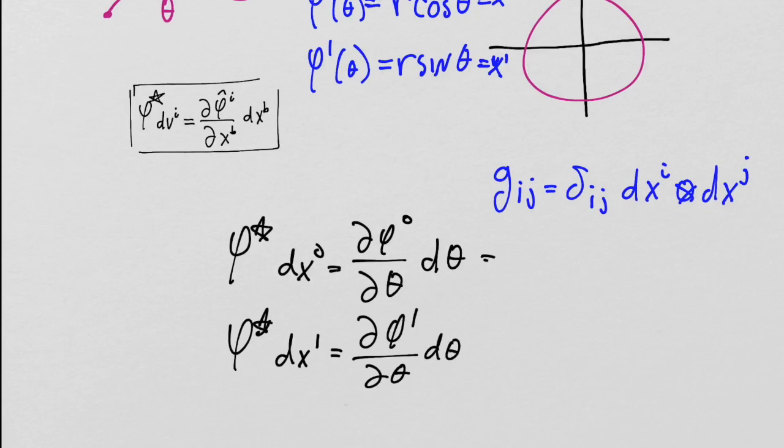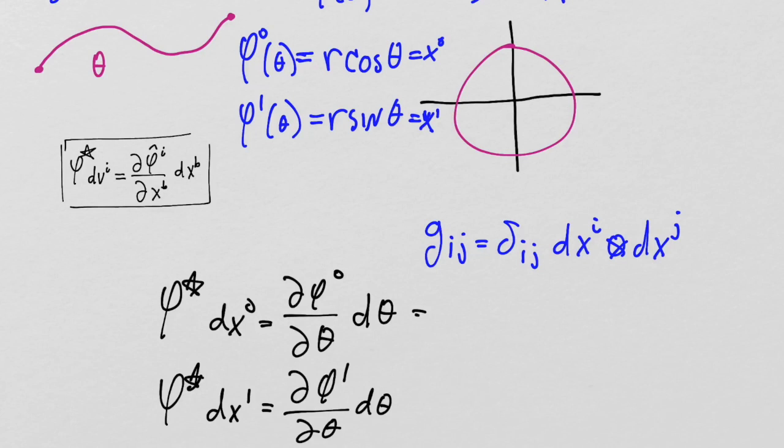And of course, partial phi^0 by theta is going to simply be minus r sine theta, and this one will be r cosine theta. And then this is d theta d theta.